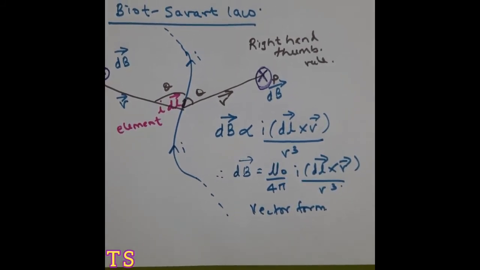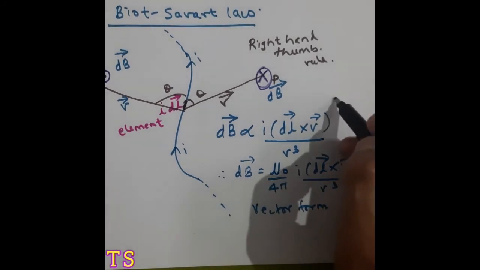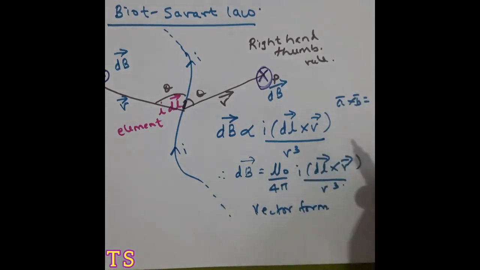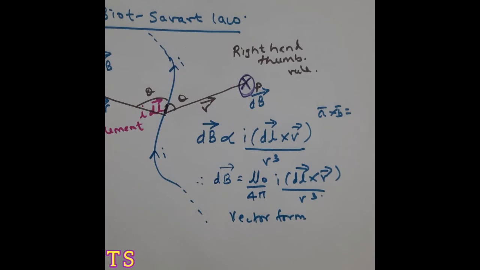I can convert this into the scalar form also. I just convert this cross product, like we know the formula for A bar cross B bar is AB sine theta. So I apply that logic over here and we get the answer.